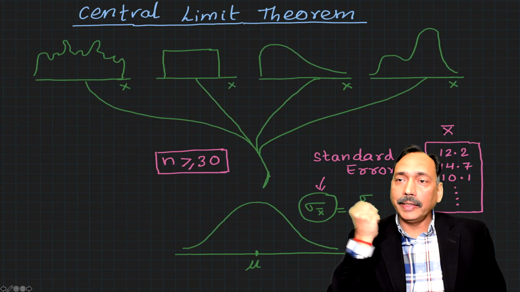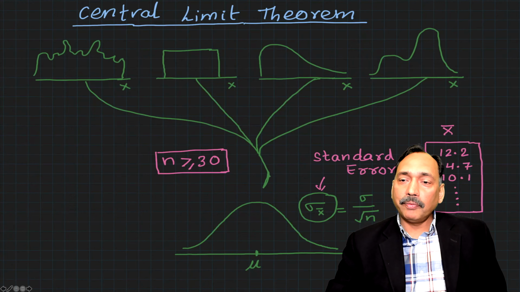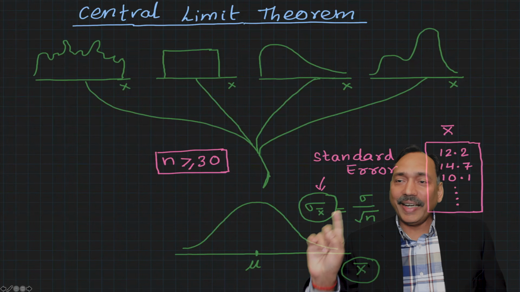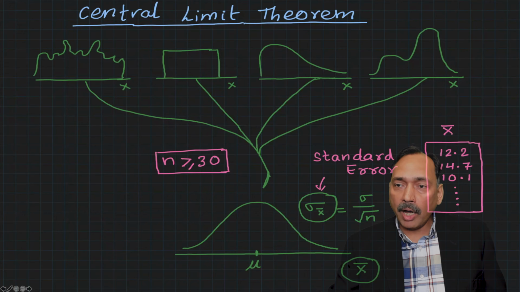So take 30, calculate x bar. Let's say the first one is 12 point something, the second one, repeating, is 14 point something, and so on. This distribution at the bottom is not for x, this is for x bar. It is the distribution of averages.